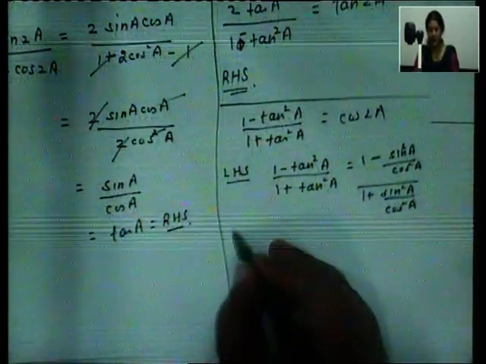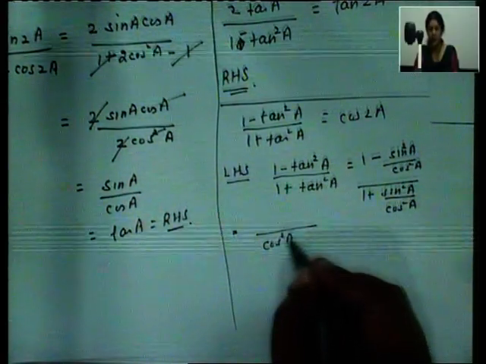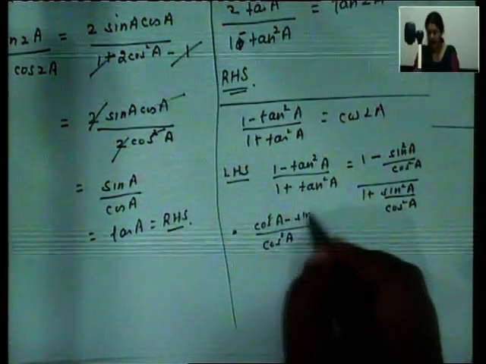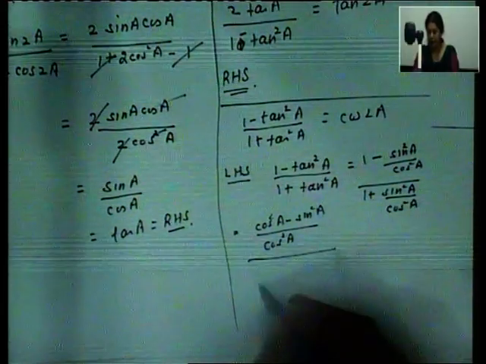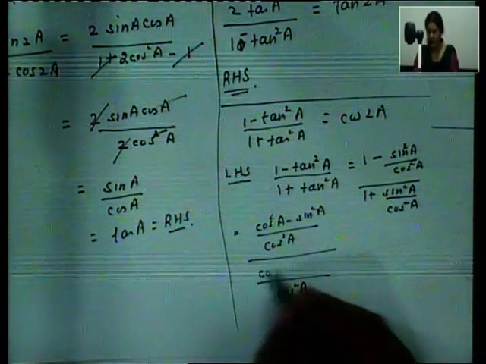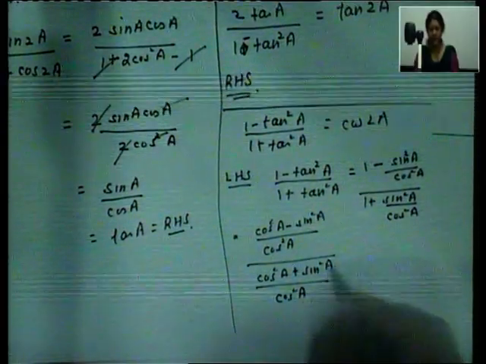Now in the numerator I take the LCM cos square a. So it becomes cos square a minus sin square a upon, in the denominator I also take the LCM cos square a. So this becomes cos square a plus sin square a, right.